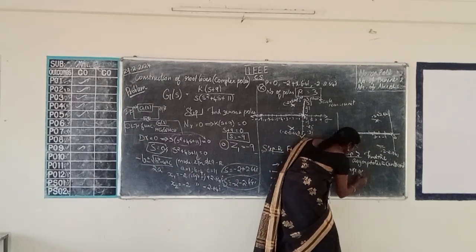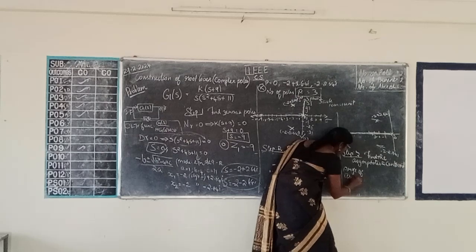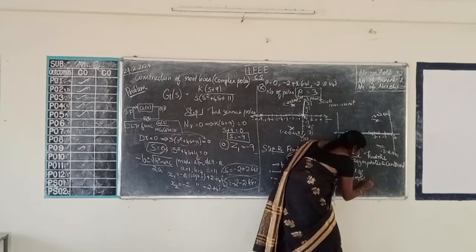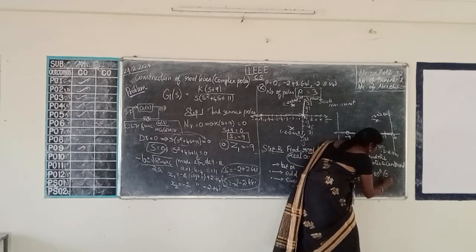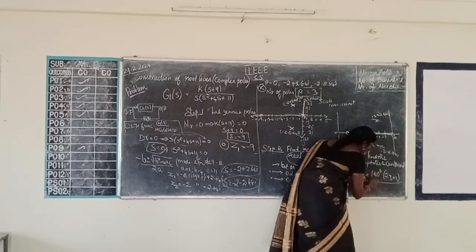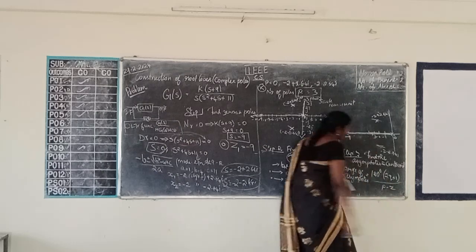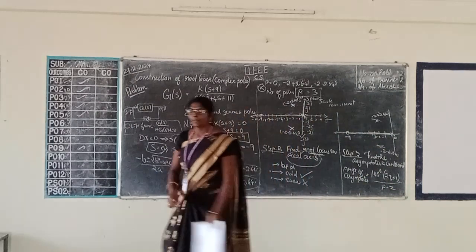The angle of asymptotes is equal to 180 degrees into (2q plus 1) divided by (p minus z). Copy up to this.